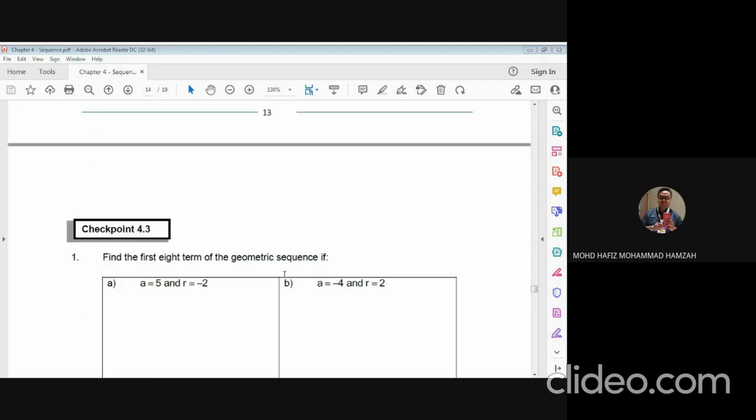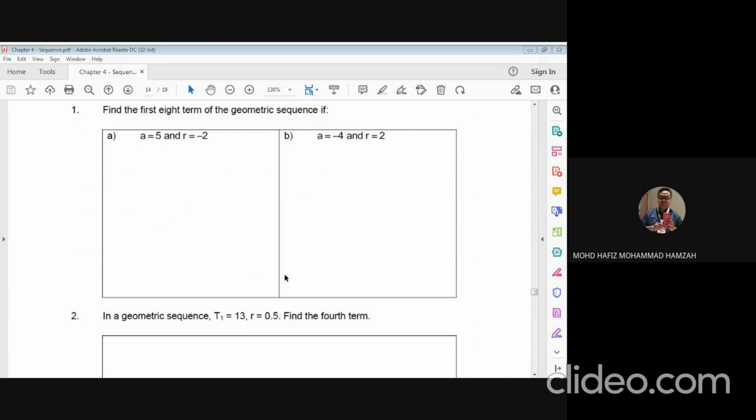Okay, let's look at checkpoint 4.3 for the first question. Find the first 8 terms of the geometric series if given. Find the first 8 terms. There are many. Find the first 8 terms.